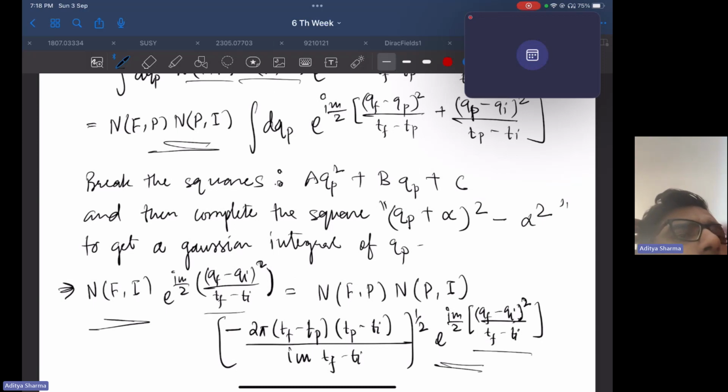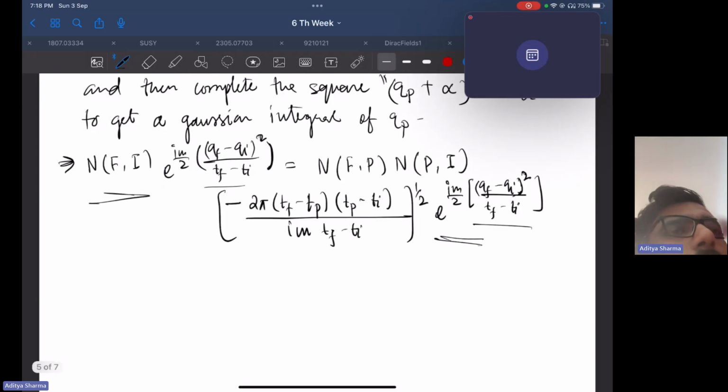This part and this part get cancelled, and you have N_FI, N_FP, N_PI, and the relation between these three things as this.